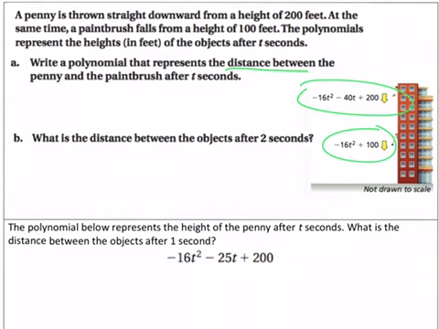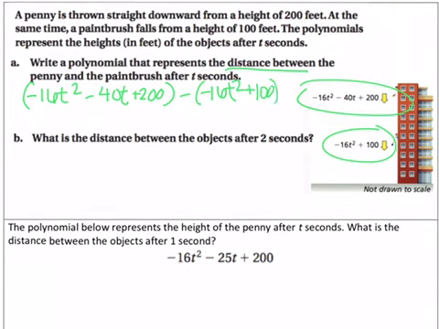So we just have to go ahead and write them out. So I'm writing the penny's trinomial, and we put them in parentheses, and we subtract it to the binomial of the paintbrush. And now we just find the difference.